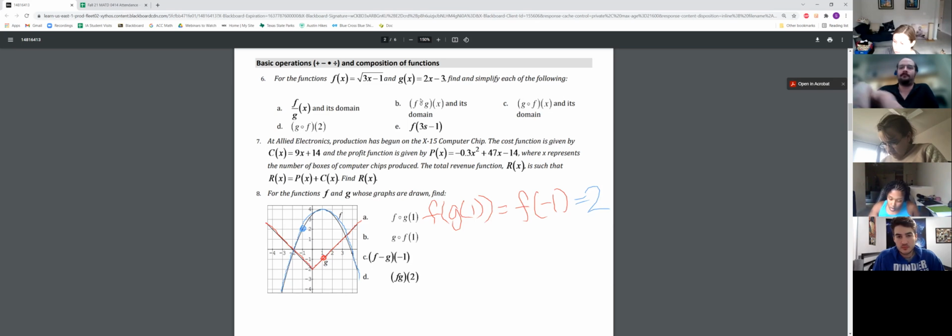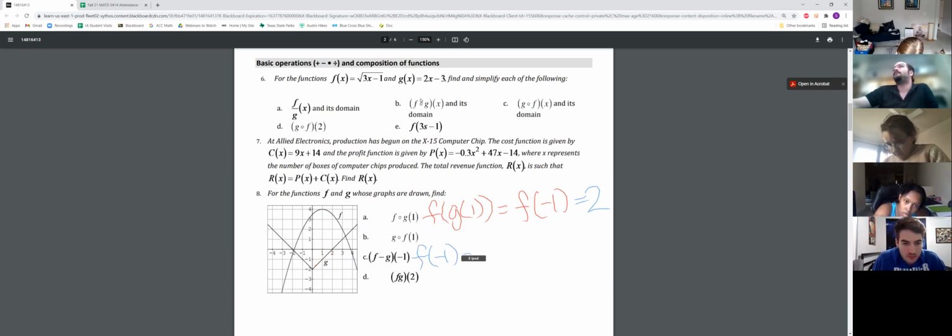All right, let's try the next one, 8C. Let's try that one. So I'm going to rewrite it. It's F of -1 minus G of -1. So let's find each of those. What's F of -1?